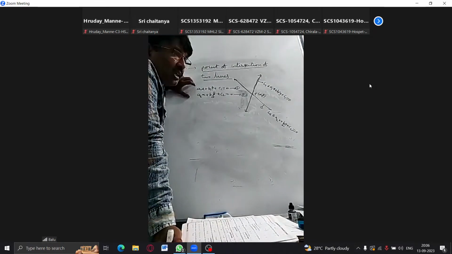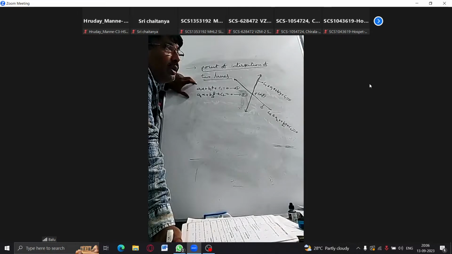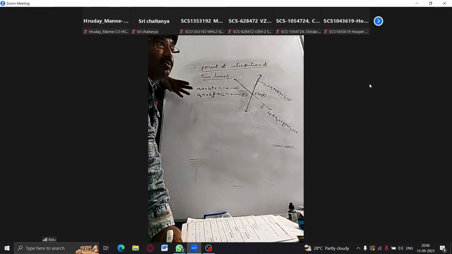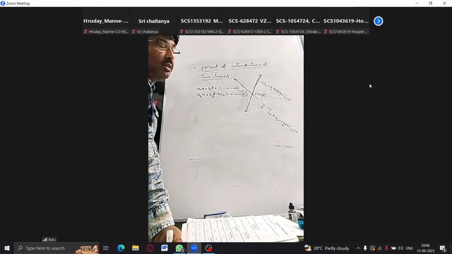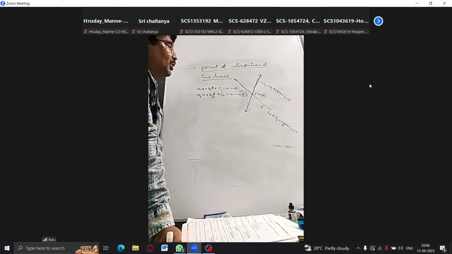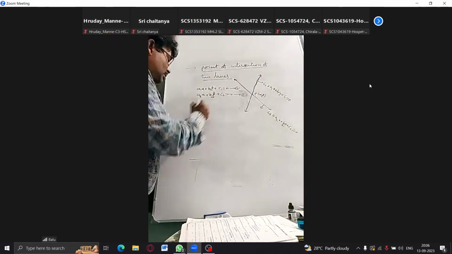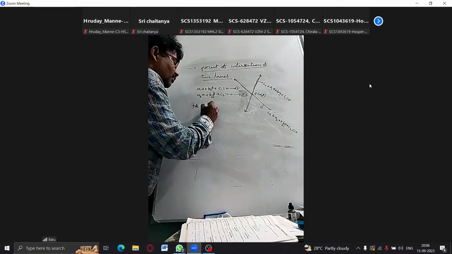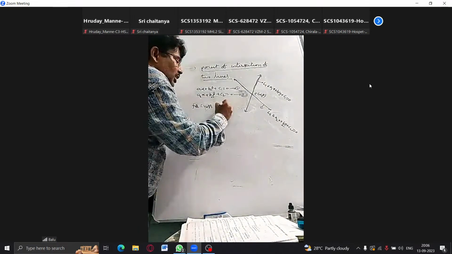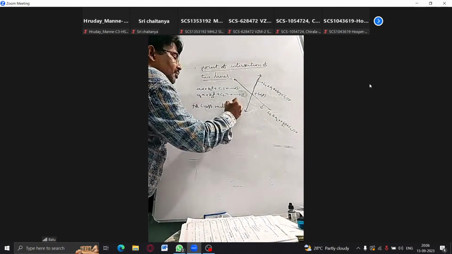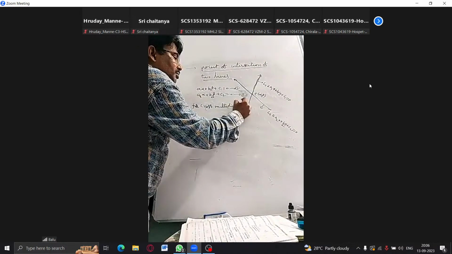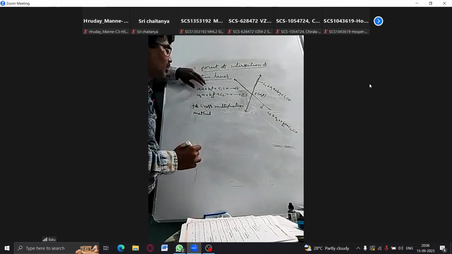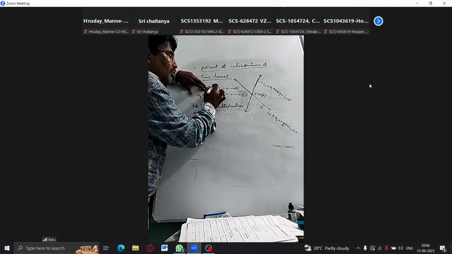Here two equations are there. We can solve by any method: elimination method, substitution method, or cross multiplication method. Here we use the cross multiplication method. For cross multiplication method, first of all we take the y term.